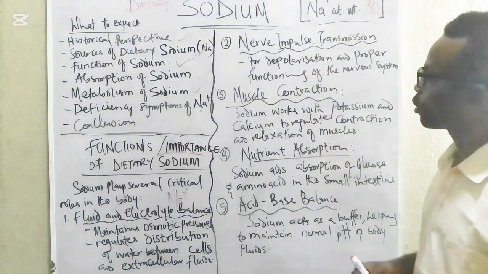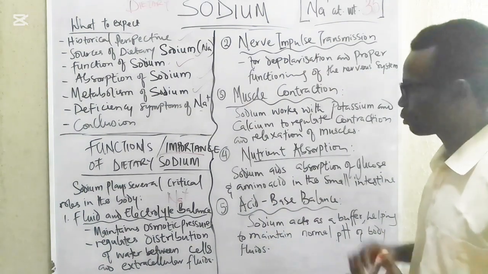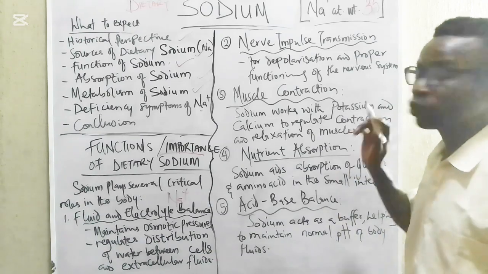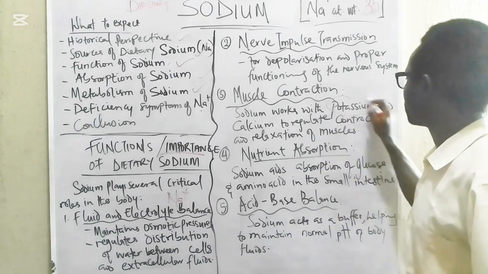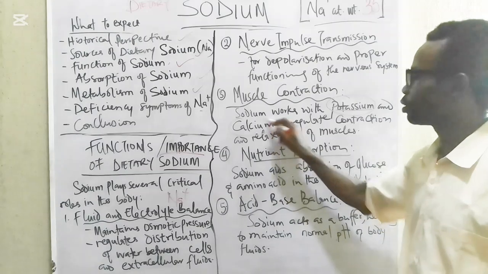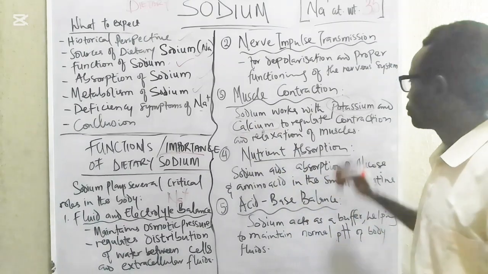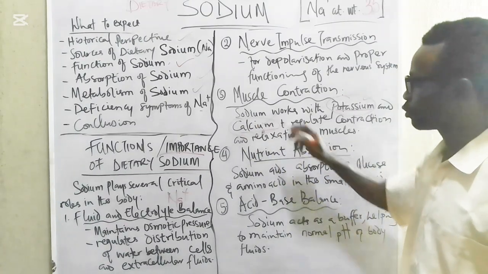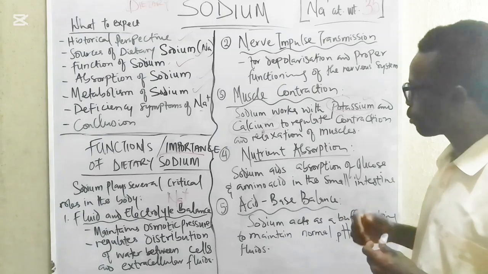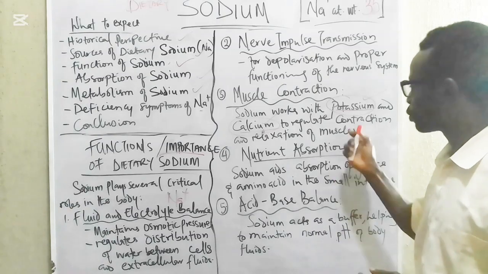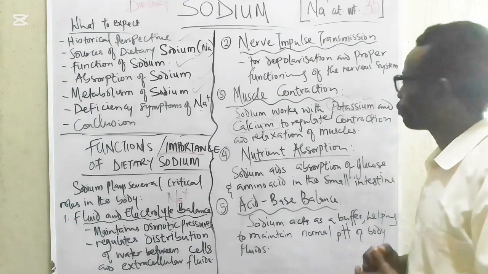Number 3 is muscle contraction. Together with two other minerals we talked about, potassium and calcium, sodium also helps in regulating contraction and relaxation of the muscles.